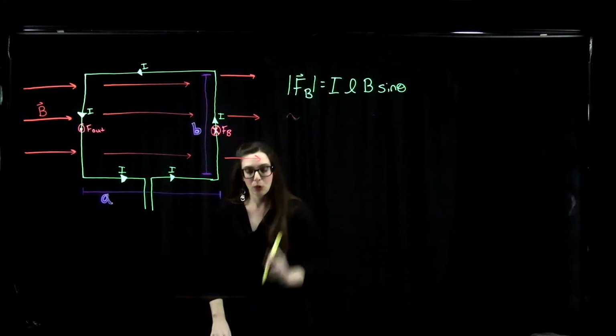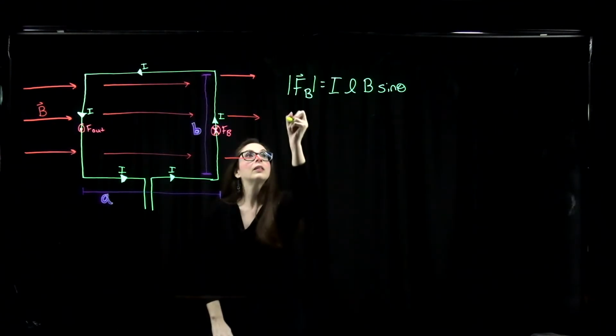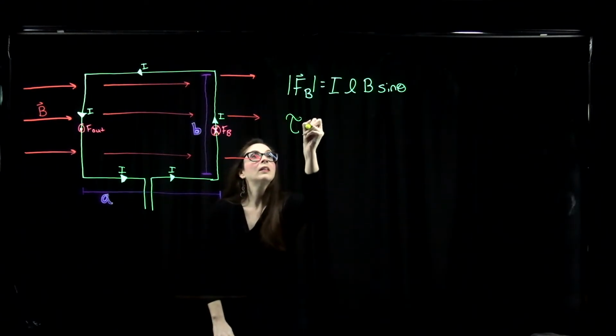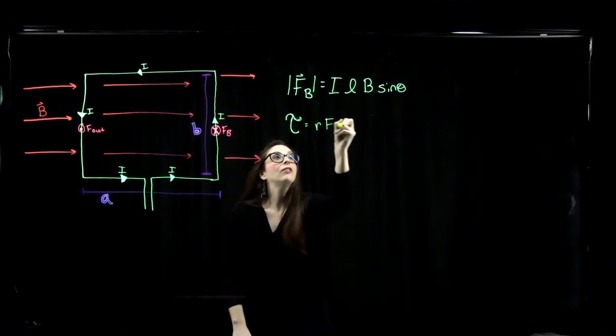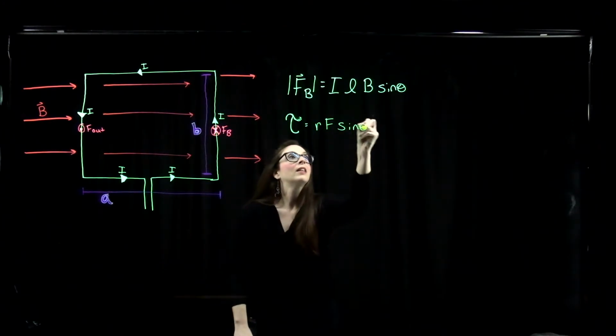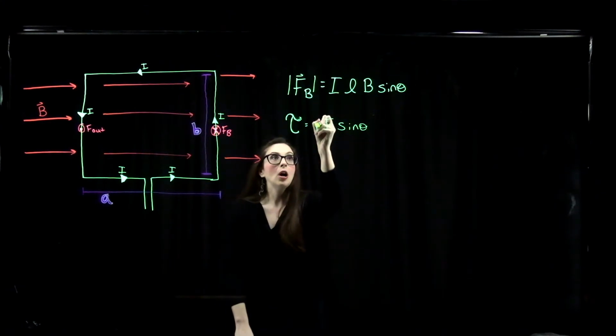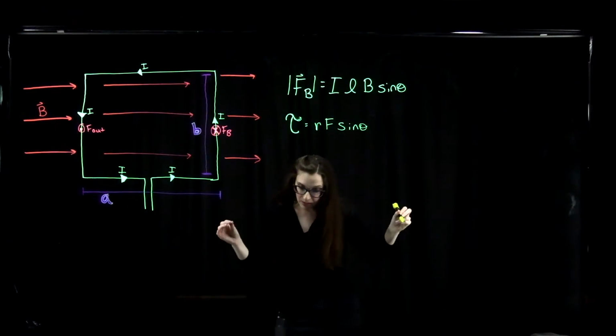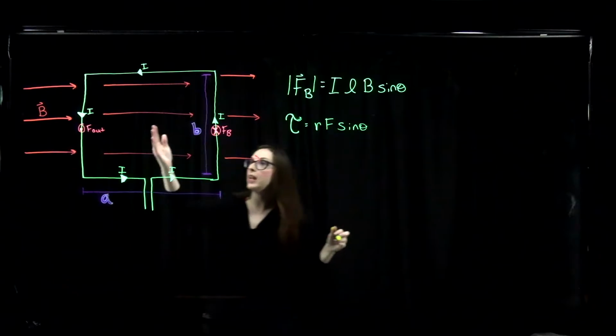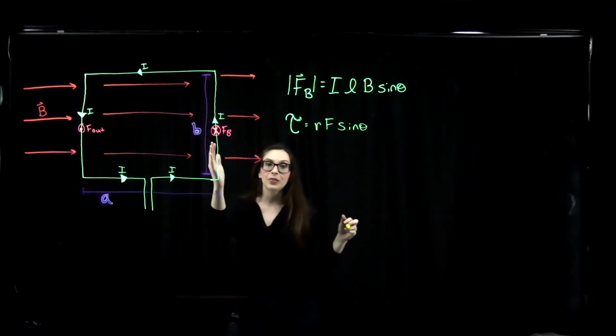So my equation for torque, I'll use this fancy T here, tau. Torque is equal to R F sine theta. Okay, this R is your distance between the rotation axis and where that force is applied.